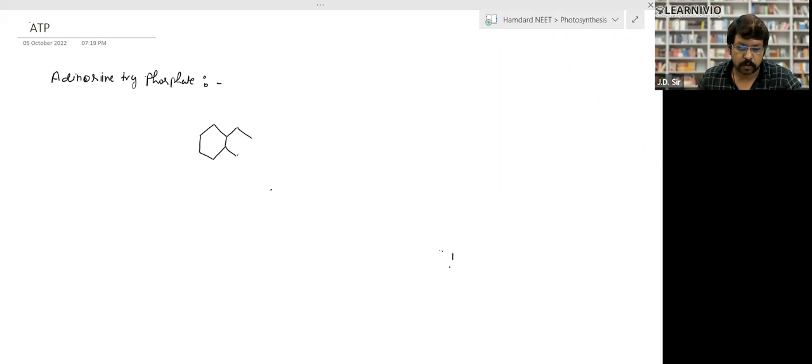Sorry, not a sugar molecule, a nitrogen base. This is a type of nitrogen base, and the name of the nitrogen base is adenosine.